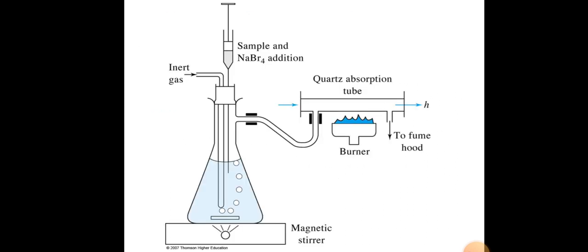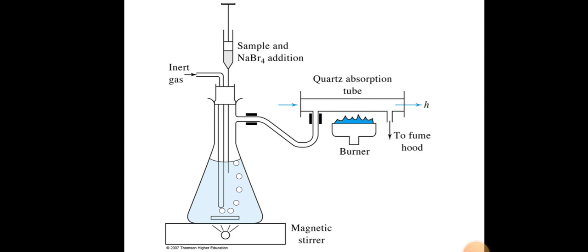Here you can see a very simple type of hydride generation technique. You see we have an acidic solution in an Erlenmeyer, and from the top by a syringe we can inject a mixture of the sample and NaBH4.